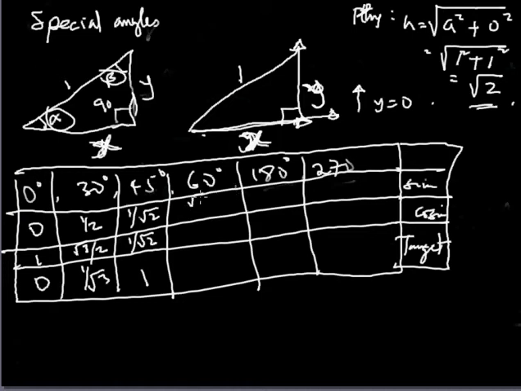You have root 3 over 2, 1 over 2, root 3. This is undefined. You have 0, you have 1. You have 0 here, you have minus 1 here, and you have 0.